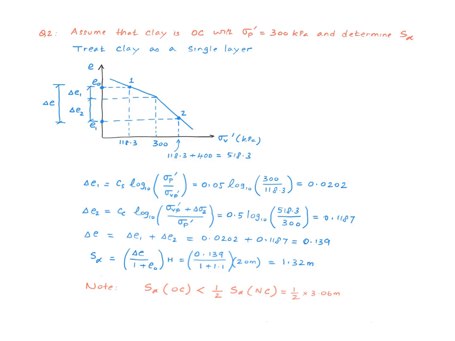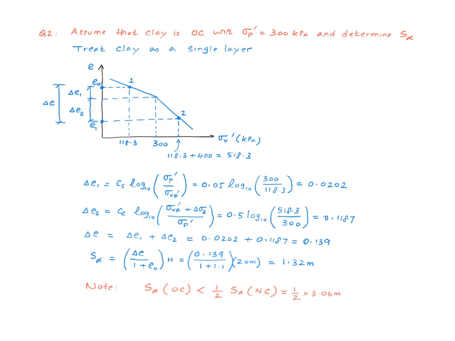From a practical point of view, a useful observation here is that even though point 2 still lies on the virgin compression curve, the final value of the ultimate settlement of this over-consolidated clay is less than half of what we calculated earlier for the normally consolidated clay.